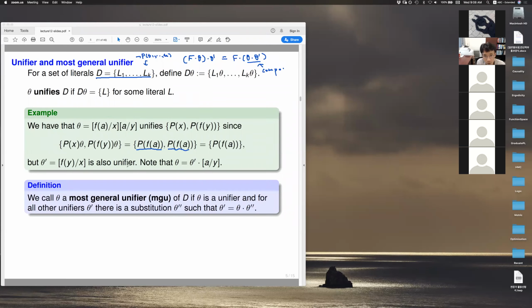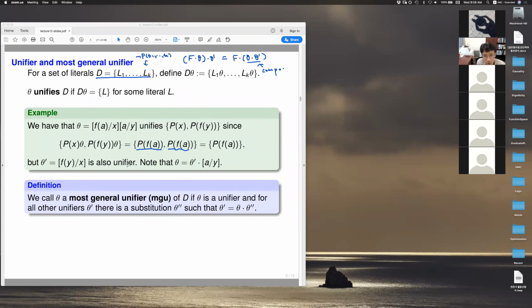We replace Y by A, which is much more specific than variable Y. So we make these two literals in this set D identical by changing variables to something more specific. The idea of most general unifier is to try to be as little specific as possible.